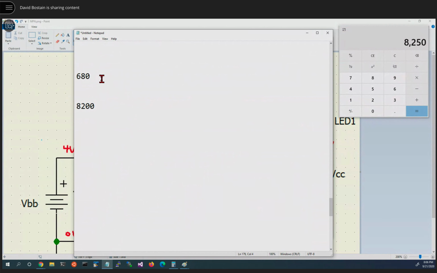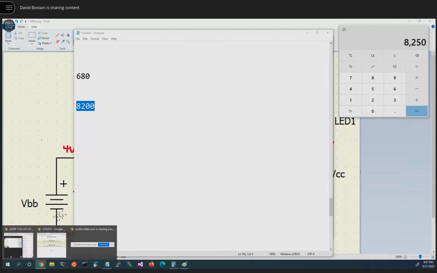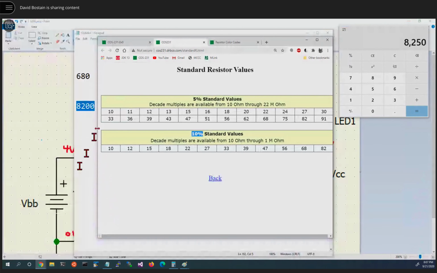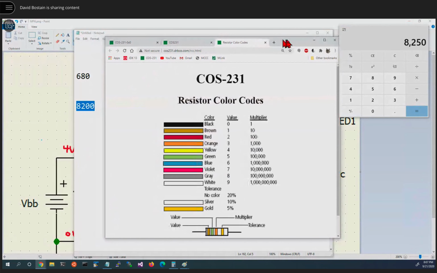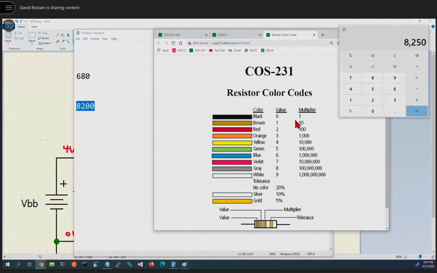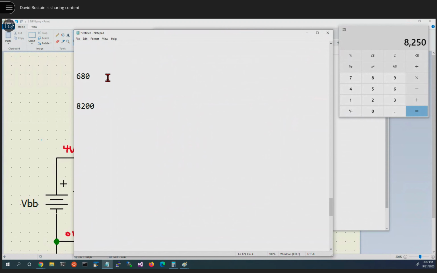So let's get our color codes. 680, what is that going to be color code wise? Put that in the chat. And then as soon as you do that, put the other guy in there also. What do we get? Blue, gray, brown.